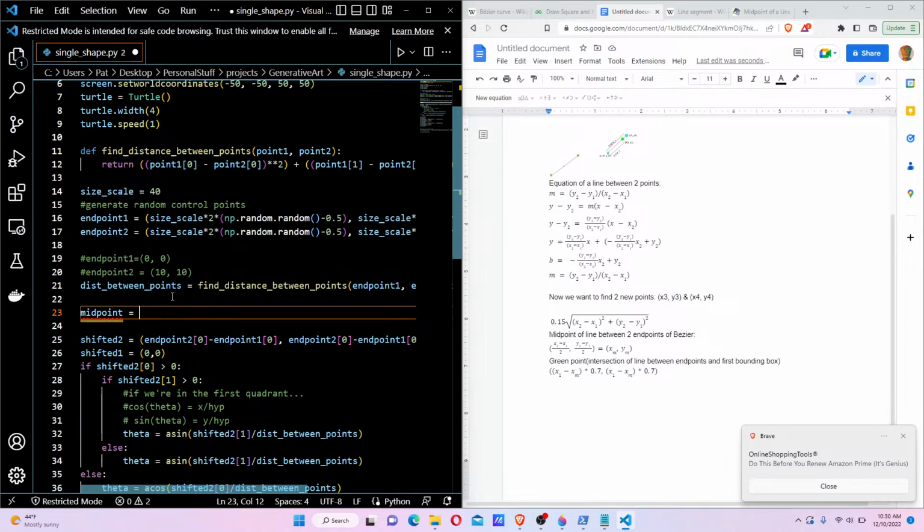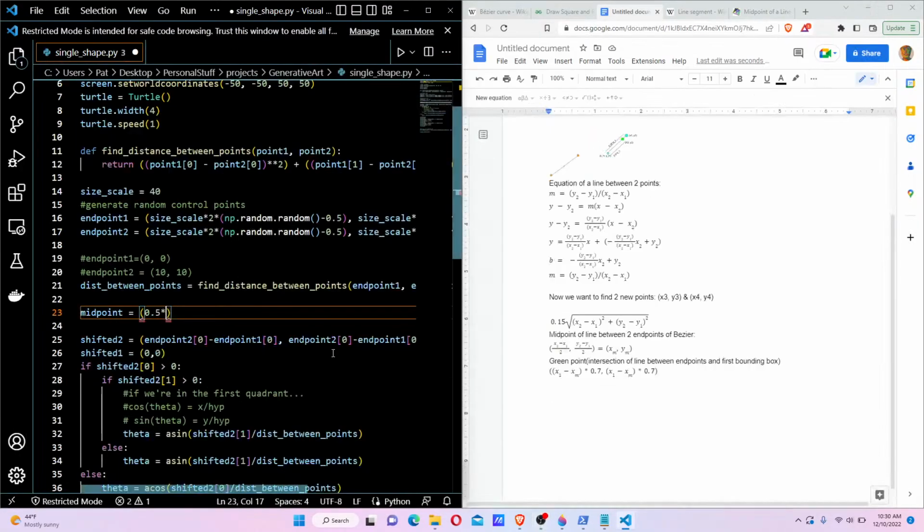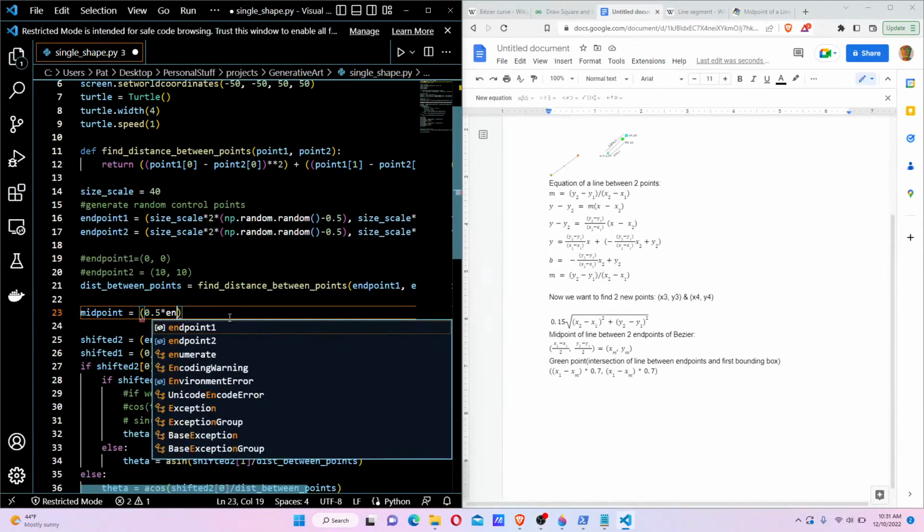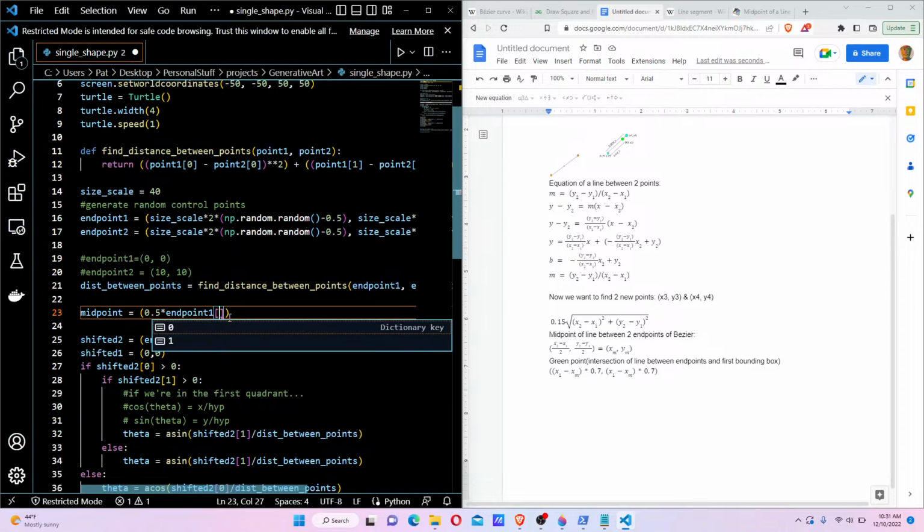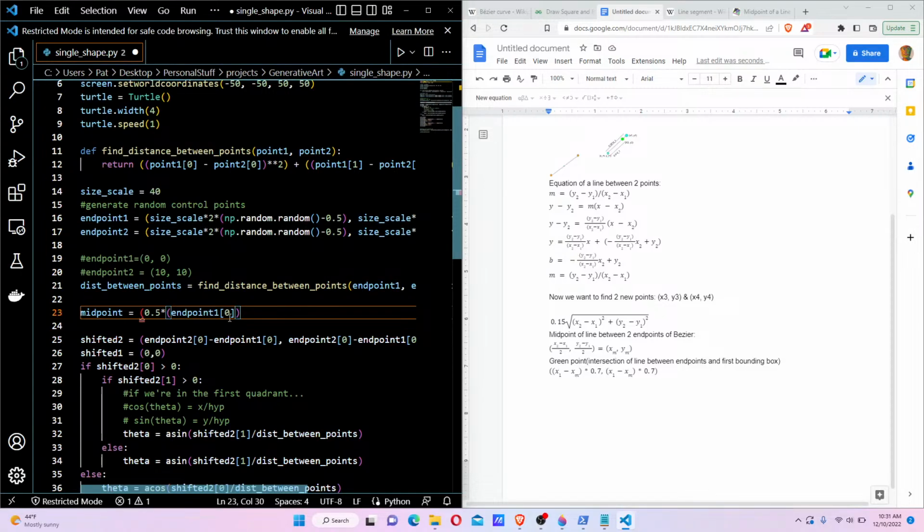Now let's get the midpoint, which is equal to 0.5 times the difference: endpoint 1 of 0 minus endpoint 2 of 0.